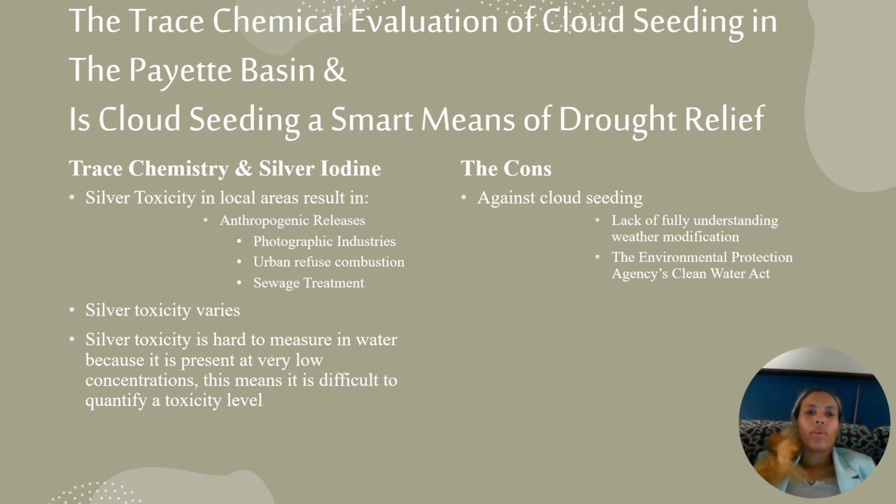The trace chemical evaluation of cloud seeding in the Payette Basin, and is cloud seeding a smart means of drought relief? These two sources will talk about the cons of cloud seeding.